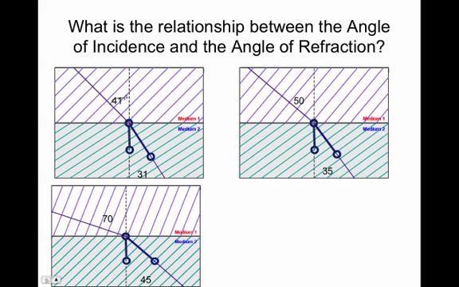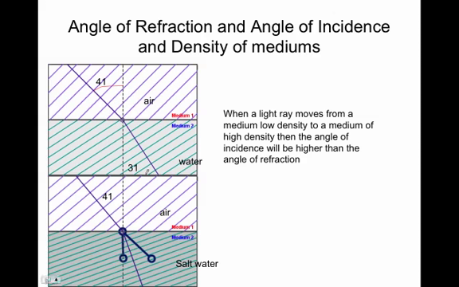Well, first, the angle of incidence is always bigger than the angle of refraction in each of these cases. 50 is bigger than 35, 70 is bigger than 45, 41 is bigger than 31. So when a ray of light moves from a low density medium to a high density medium, the angle of incidence will be higher than the angle of refraction, always.